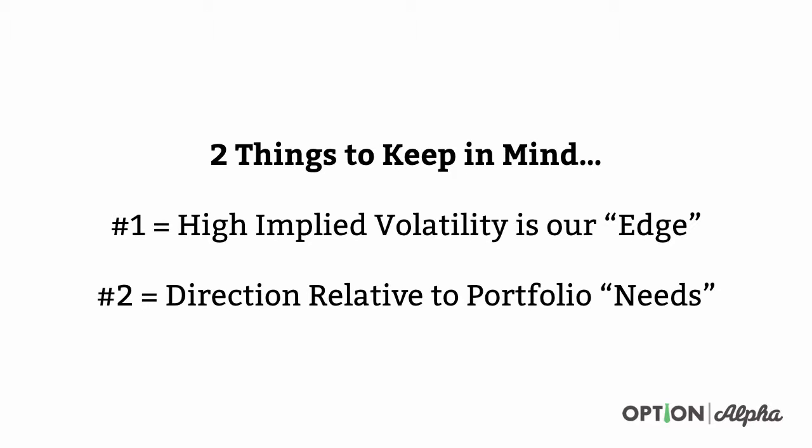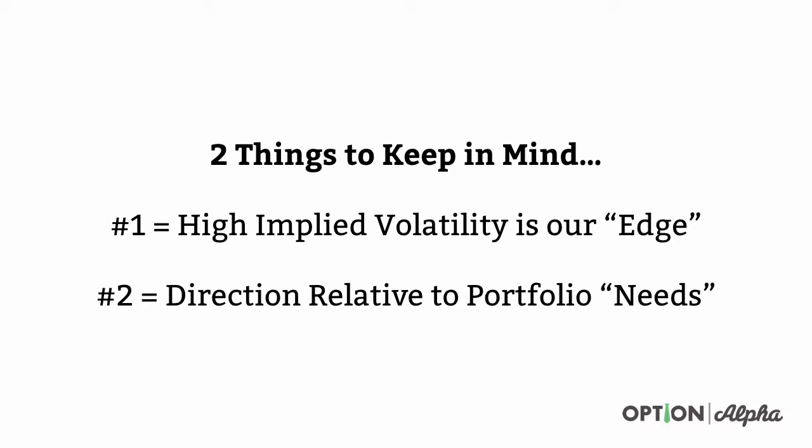Number two is that we have to keep in mind the direction relative to portfolio needs, which means that at the end of the day, as we proved before in videos, you can make a trade in any direction with options and have the same probability of success and relatively the same premium or profit potential based on risk in any direction, bullish, bearish, or neutral.